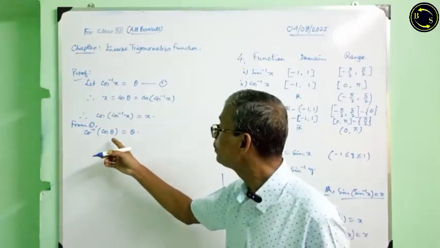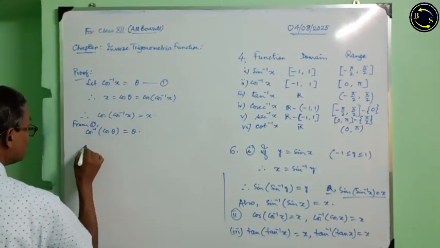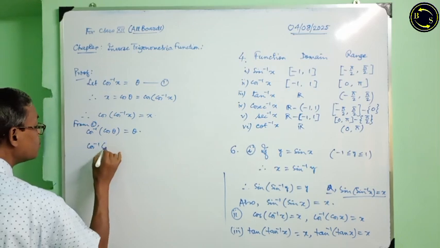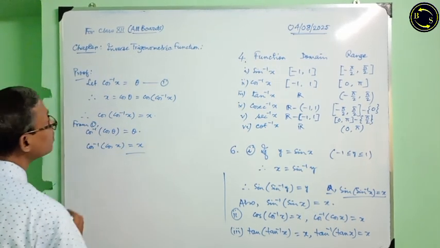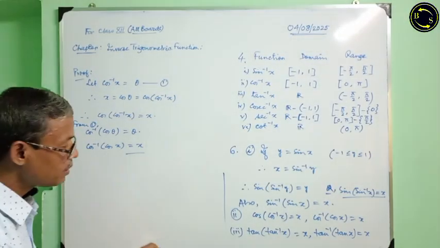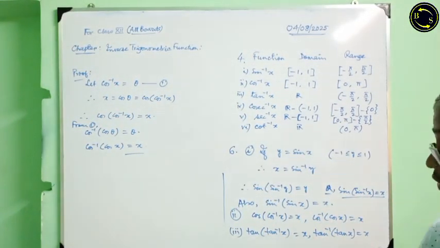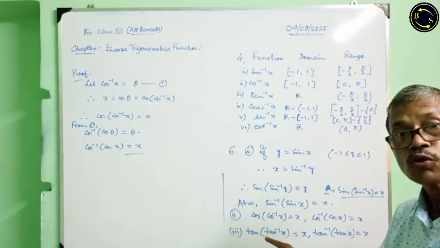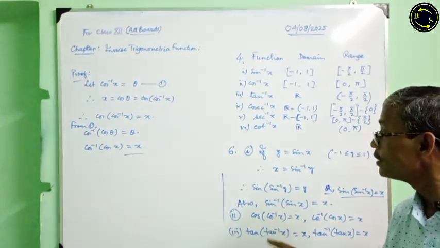Now, if I write x in place of theta, then cos inverse of cos x will be x. We can prove similarly other inverse trigonometric functions, cosec inverse, sec inverse, tan inverse, etc.